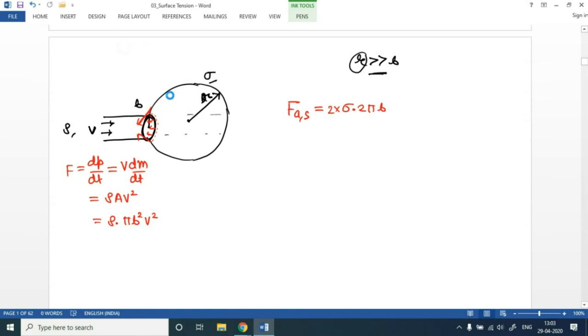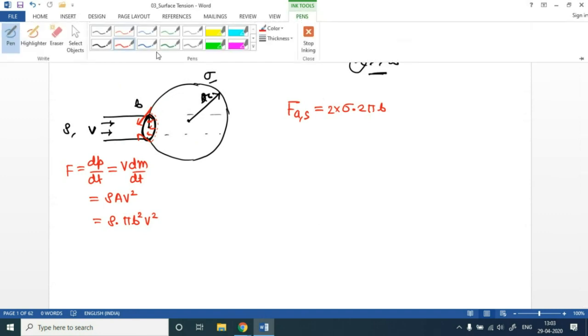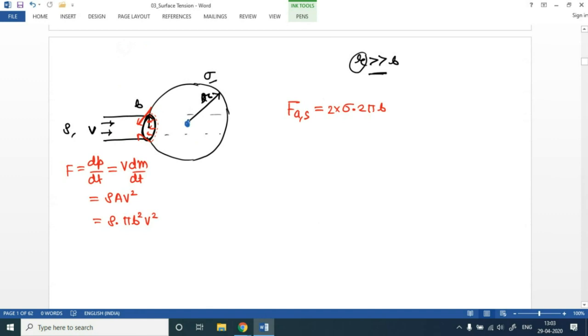Let's look at some geometry as well. Let's say this is the center. This radius is r, this radius is b, and this angle is theta. In this right angle triangle, sine theta is b by r.